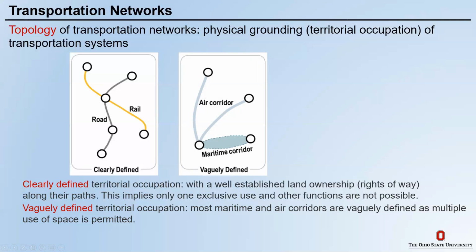Similarly for air corridor, right? Planes can just fly from one city to another to form a trajectory, and this trajectory should be within a specific air corridor, right? But does that mean the space used by this airplane can only be used by airplanes? No, a bird can still fly within that space, right?